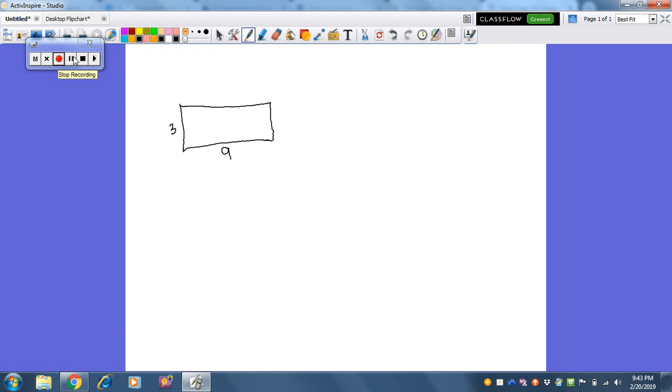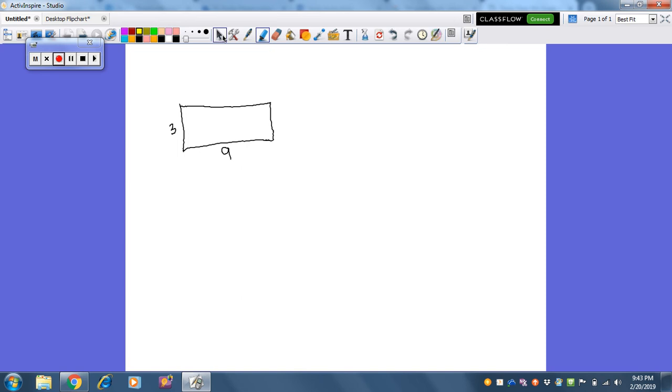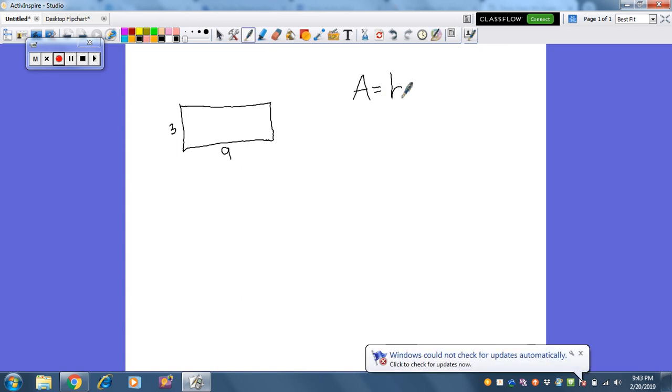Looking at my reference chart again, I'm looking in area of a rectangle, and right there's my formula. So on my paper, I need to write A equals BH.